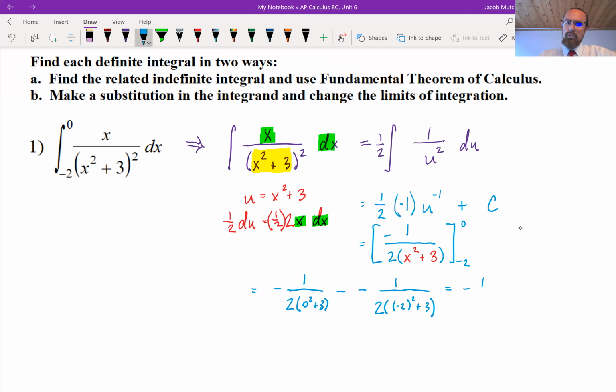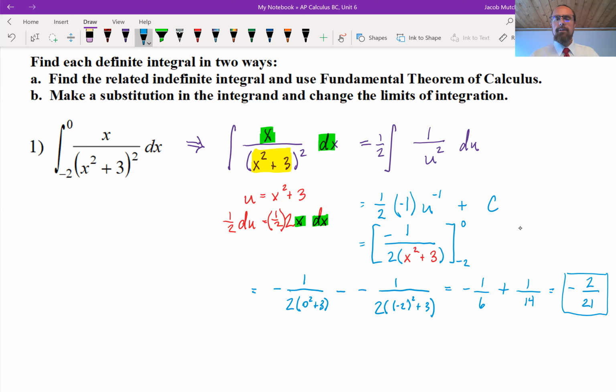So that's -1/6. My double negative will turn into a plus 1 over, I'll start in the interior, (-2) squared is 4 plus 3 is 7 times 2 is 14. And if I add -1/6 plus 1 over 14, that is going to give me -2 over 21.